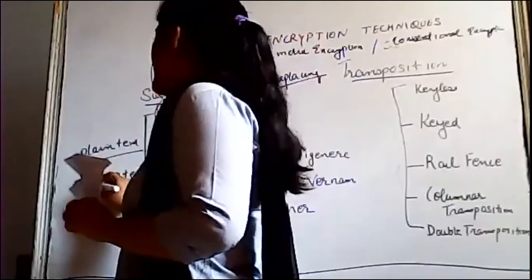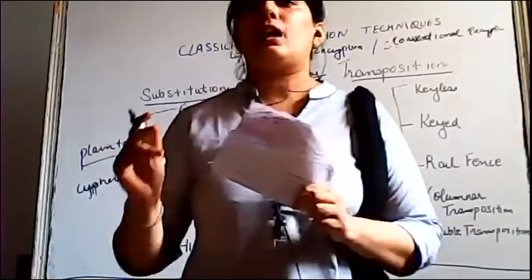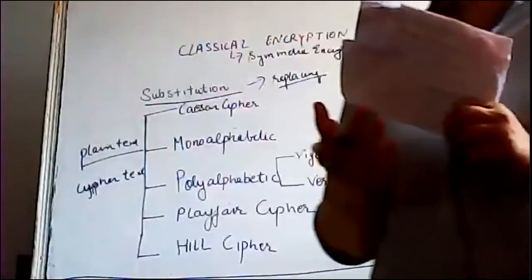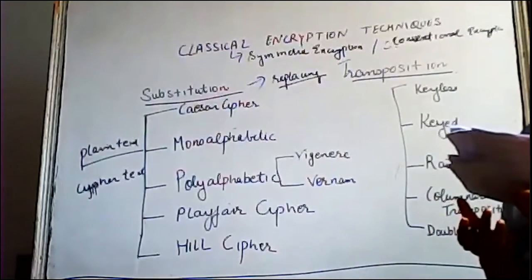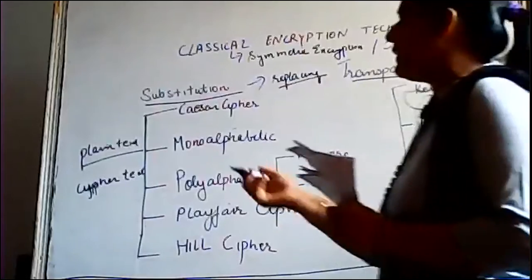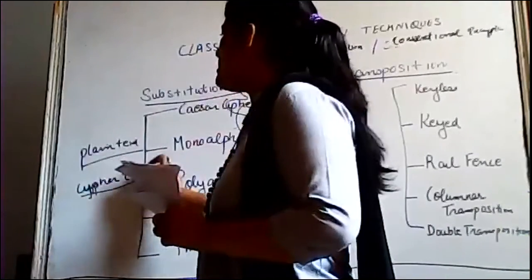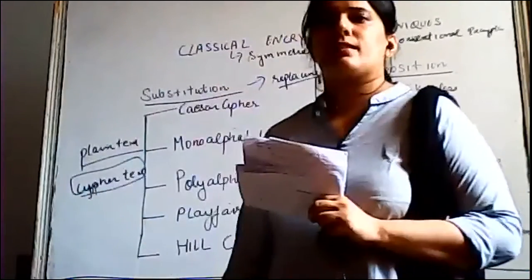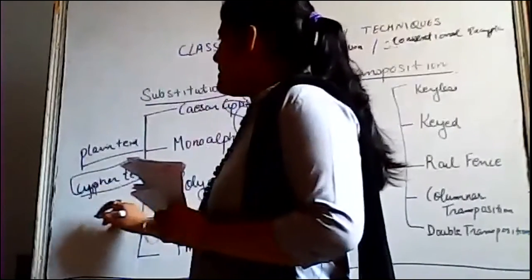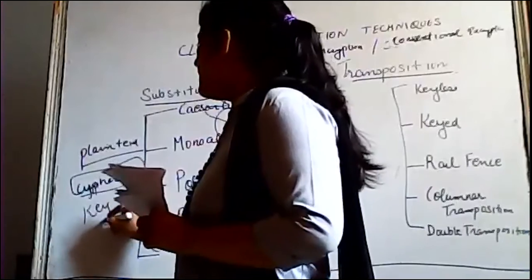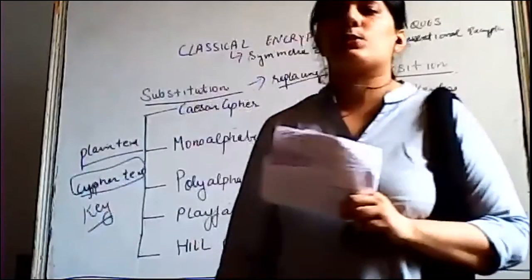Ciphertext is what you get after you have modified and encrypted that particular text. So after encryption, the text you are getting is known as ciphertext. Clear? So plain text is there, ciphertext is there, and then there is a third term that we are using for this particular encryption technique.